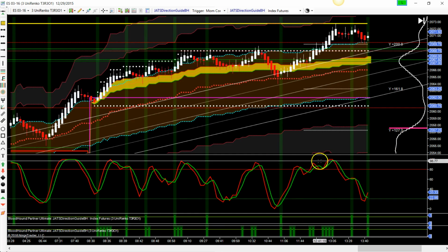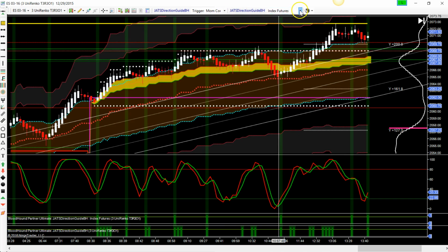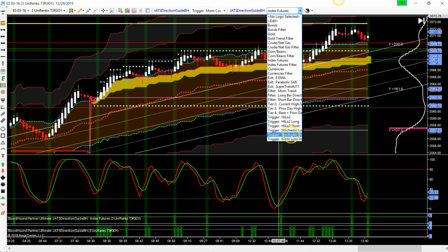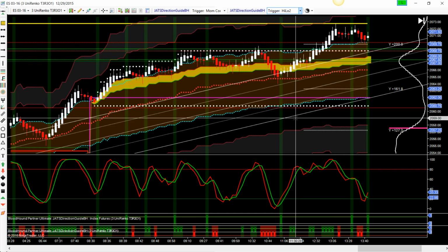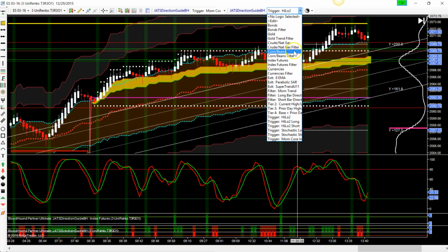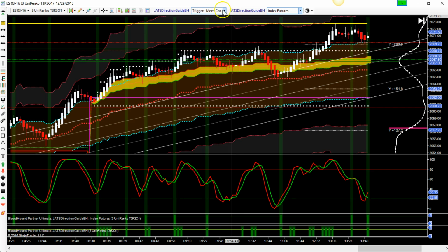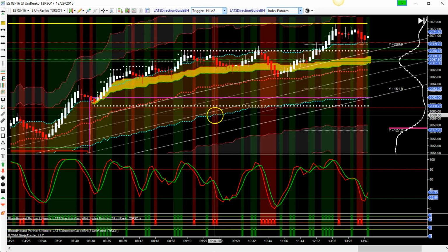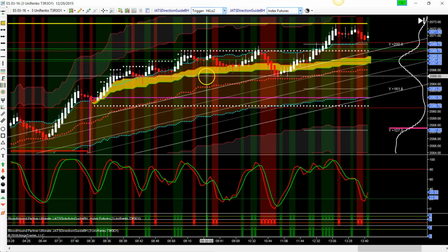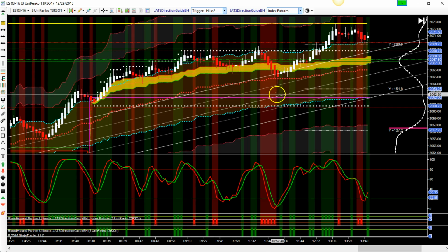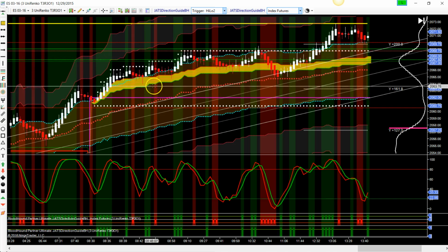So you can move your signals for the high-low too, which will just give you a general idea of the turns in the market generally.